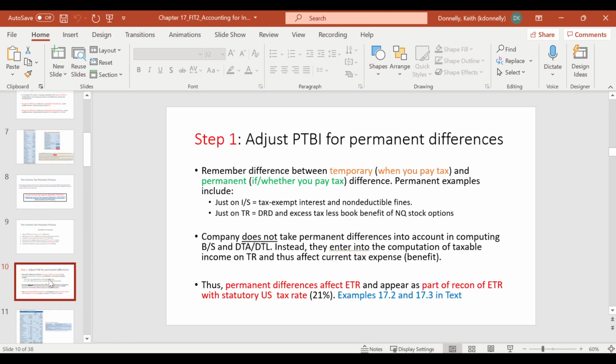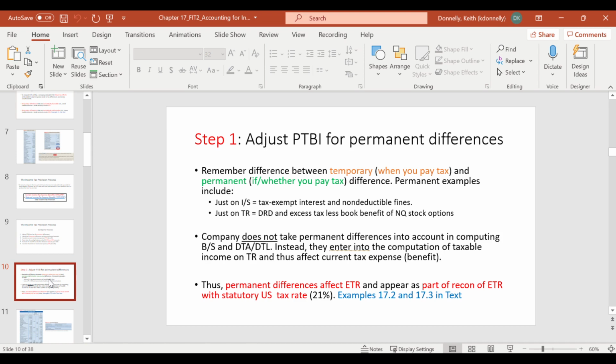So the first idea here is, when you're trying to figure out the provision, the first thing you want to do is recall that there's a difference between temporary and permanent book to tax differences. Temporary is when you pay the tax, right? Do you pay it now or do you pay it later? Permanent book to tax differences, in distinction, are whether you pay the tax.